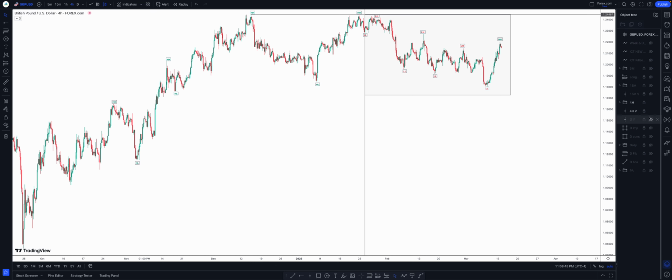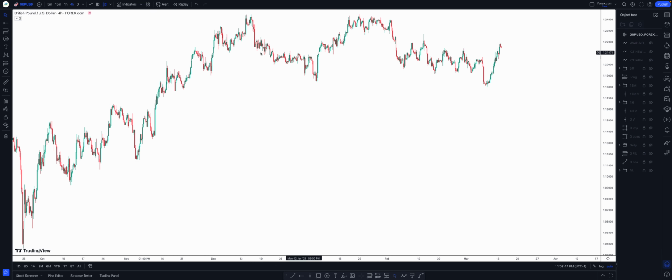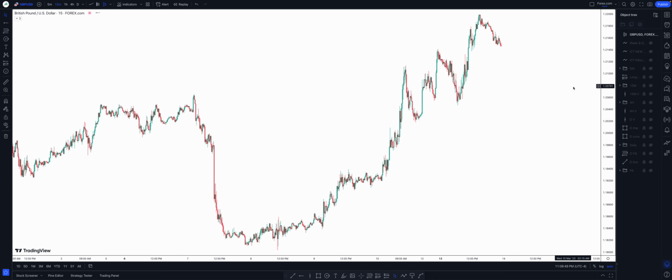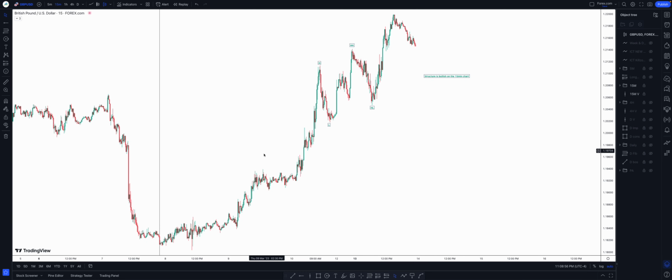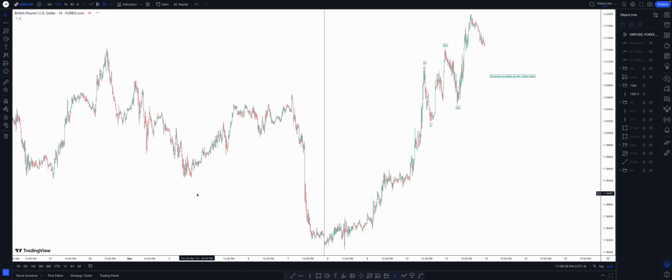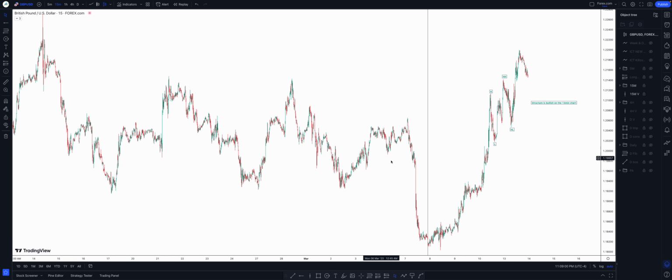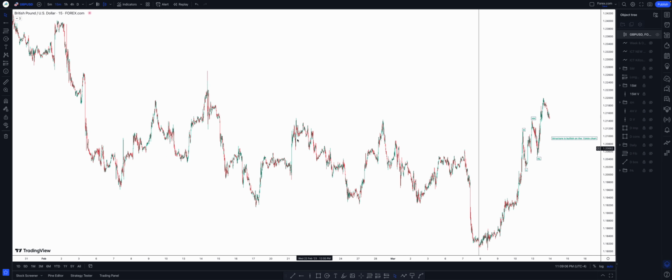Okay, let's go down to the 15 minute. The 15 minute, from this point onwards, market is clearly bullish, and prior to that we were just consolidating, or some could say we were bearish.